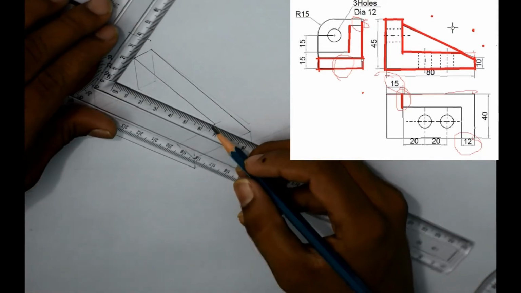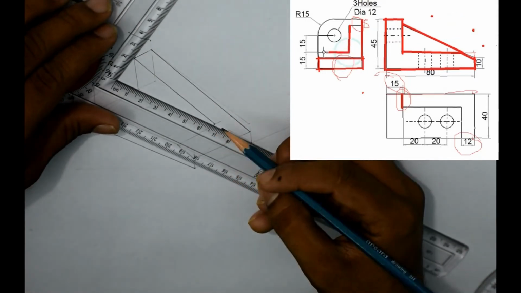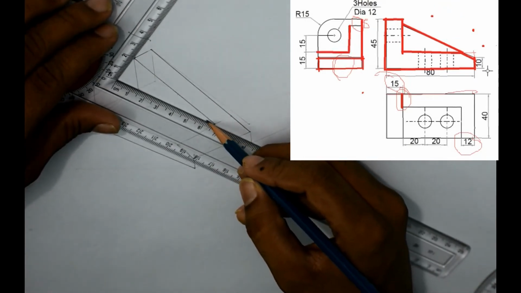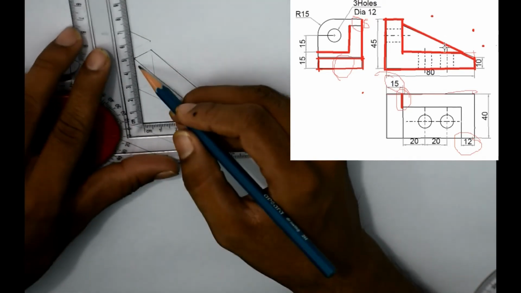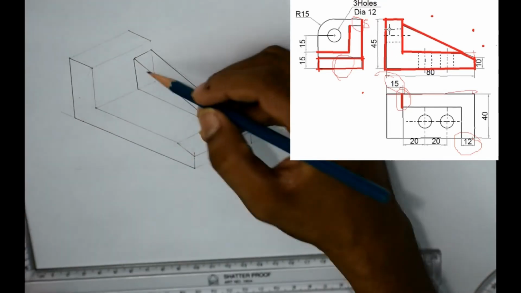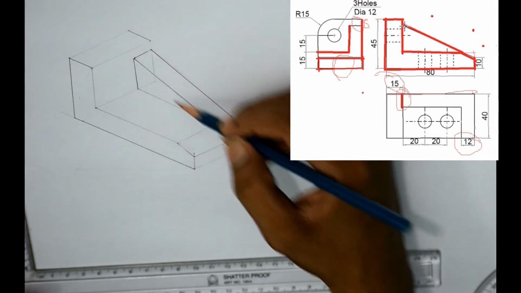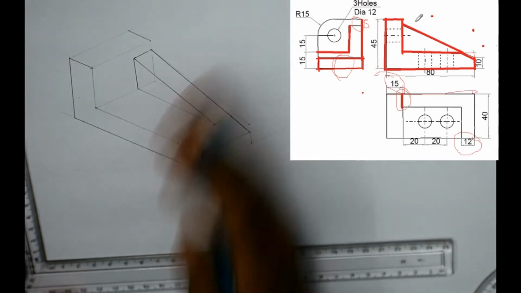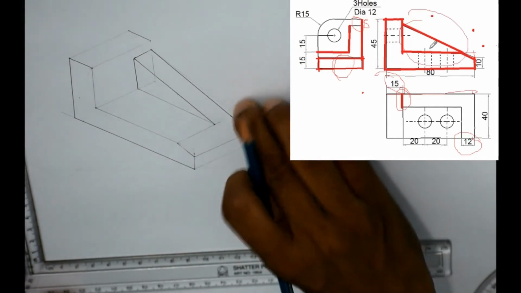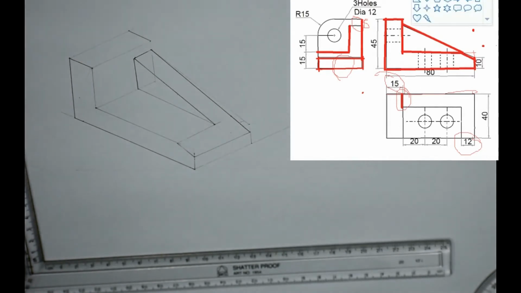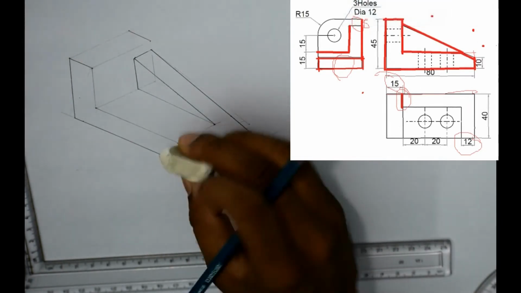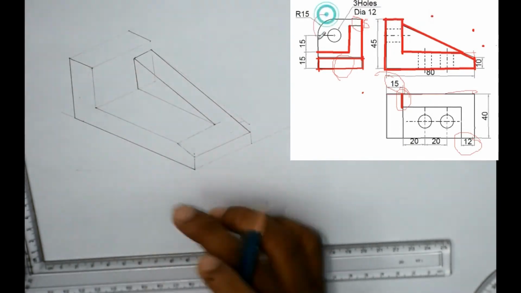Now this small triangular portion which is visible to you now can be observed in the front view, as this is a slant line. So our front view is almost complete, but even now we have to see that there are some holes and there is a curved portion here.